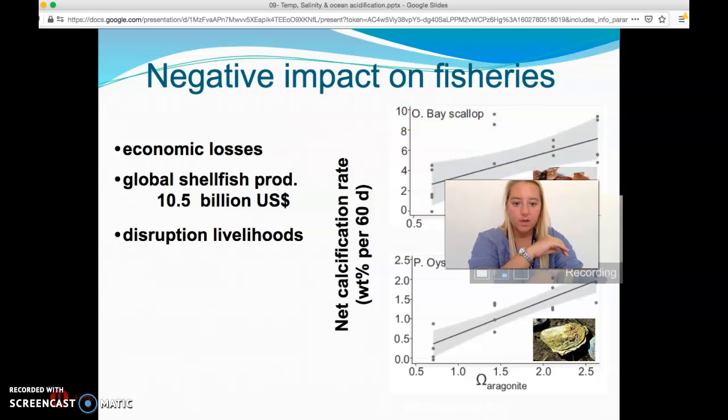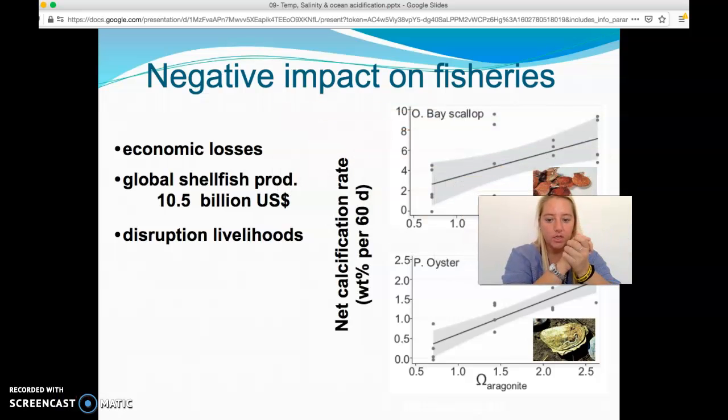So there's a pretty negative impact of this pH increase on our ocean. And ocean definitely, but if you don't care for the little ocean critters, it also is pretty detrimental to the impacts on fisheries. So we experience economic losses if we don't have things like oysters or scallops. We don't get the money from that, and they are pretty expensive things.